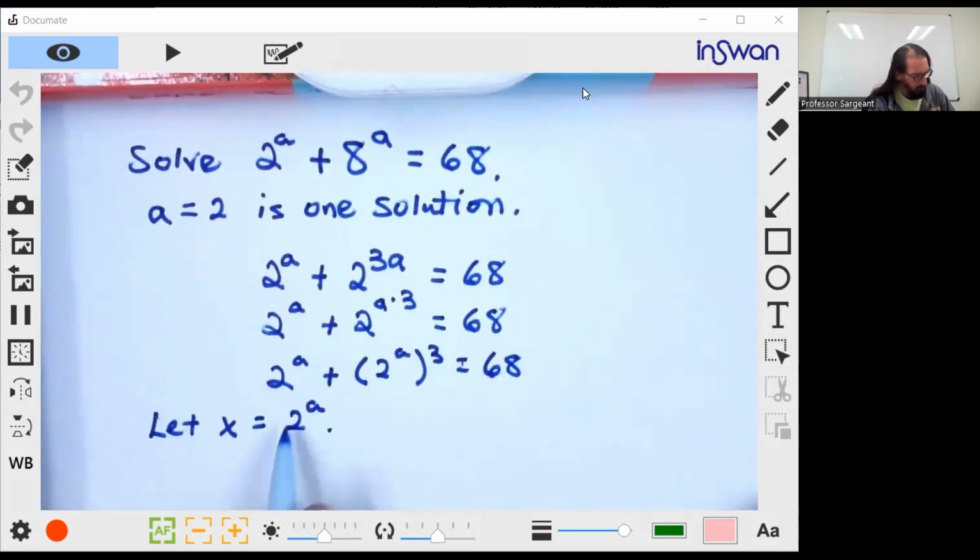And so what we have is x plus x cubed equals 68.